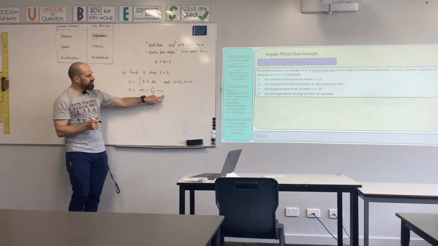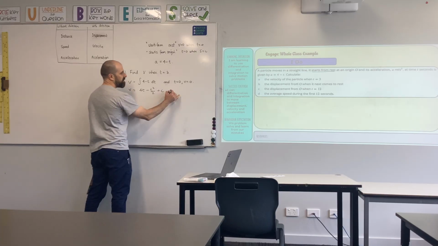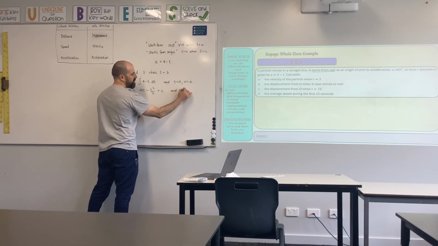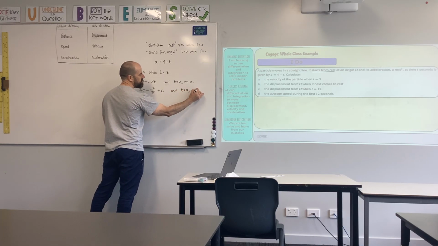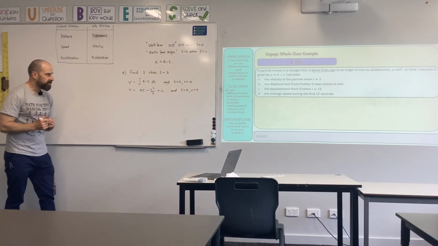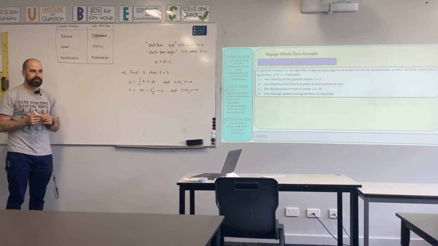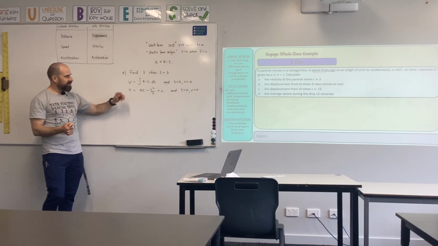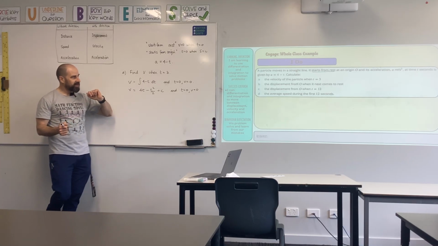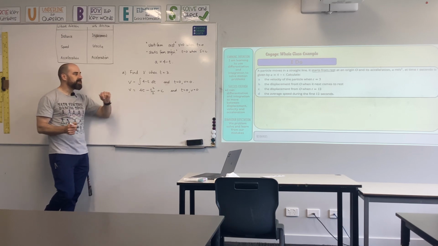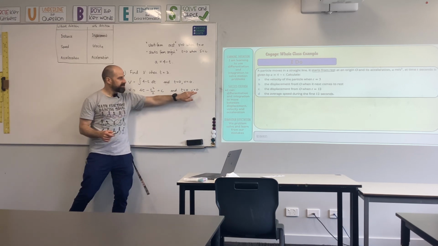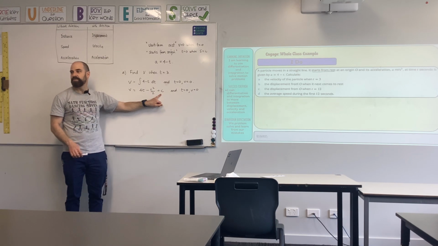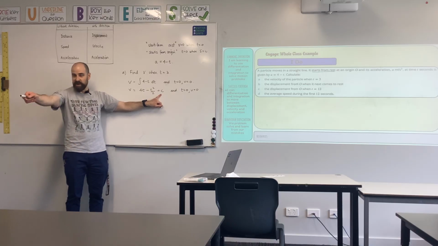Okay, so we've anti-differentiated and we've got the point when t equals 0, v equals 0. What do you think I'm going to do next? Substitute them, why? Because we're trying to find what v equals when time is 3. So why are we going to substitute these ones in first? To find out what c is.